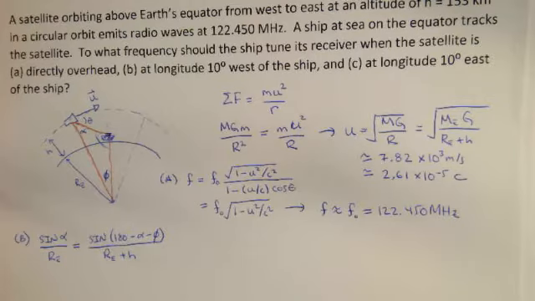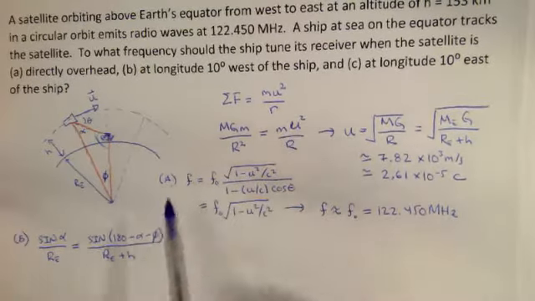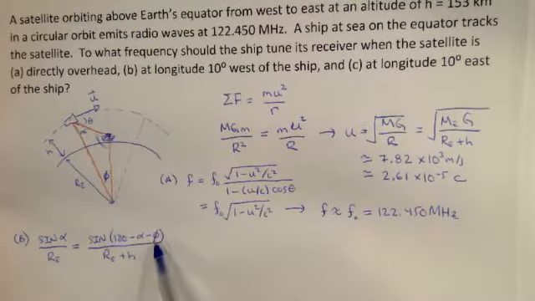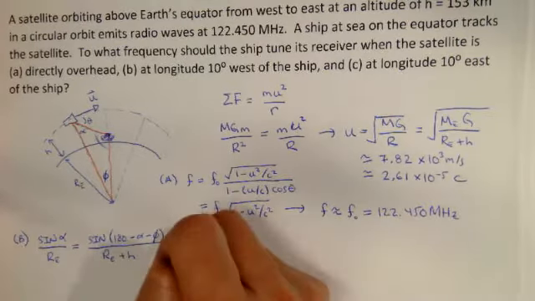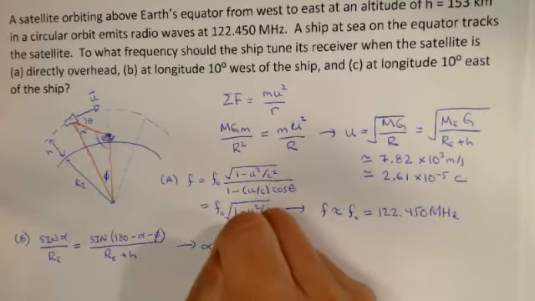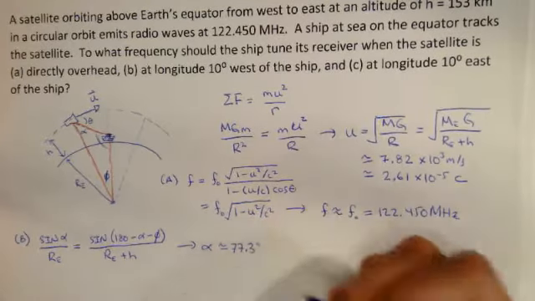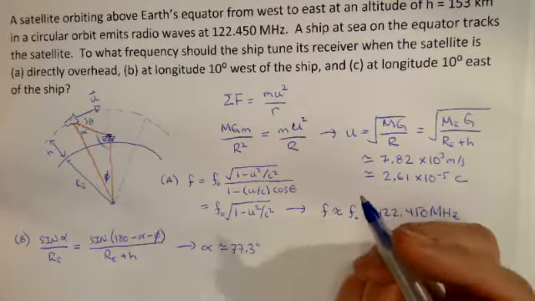And so we can, treating phi as 10 degrees, solve for alpha. Alpha winds up being about 77.3 degrees.